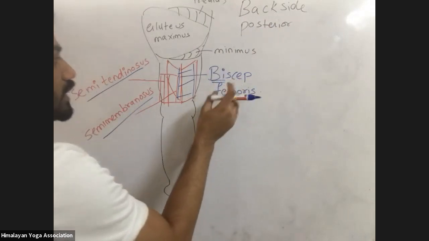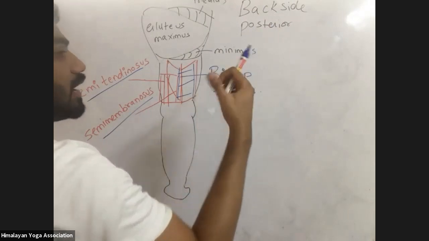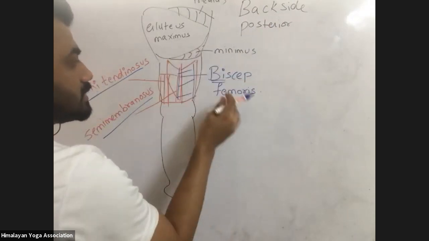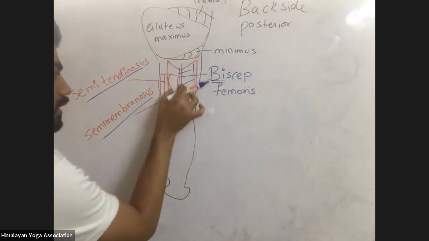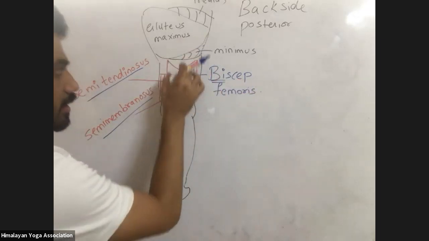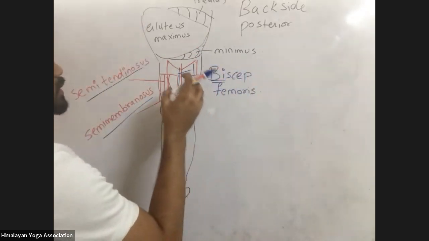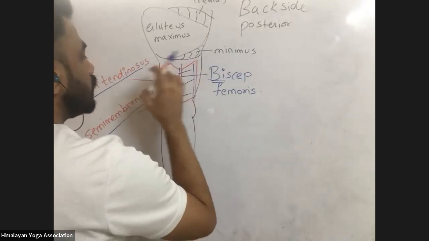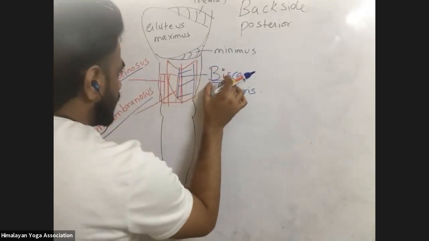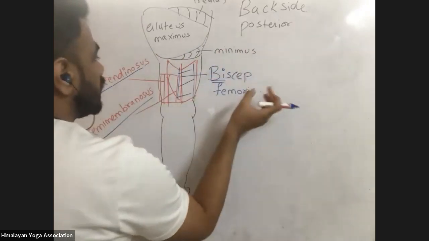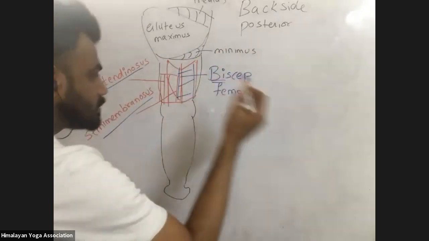Biceps, though this bicep muscle you find in your arm, but biceps femoris muscle means femur. The femur bone is in your upper leg, that means in your thigh. So the biceps femoris is also a muscle from your hamstrings, which has 2 heads but is one single muscle. So these 3 are your hamstrings.